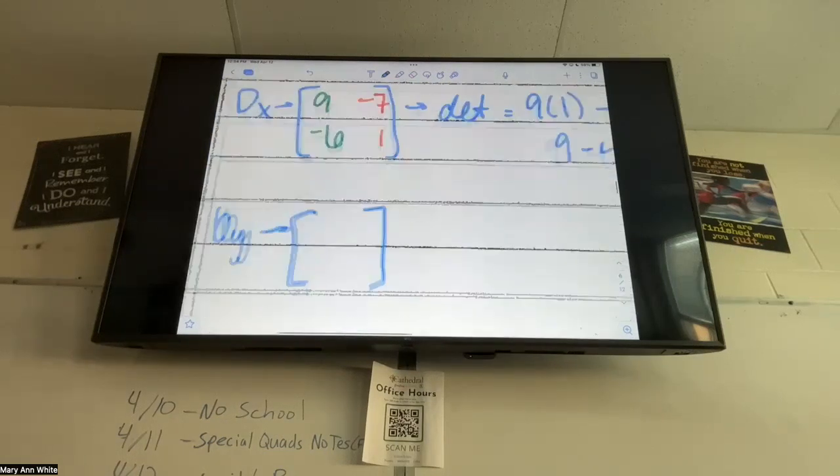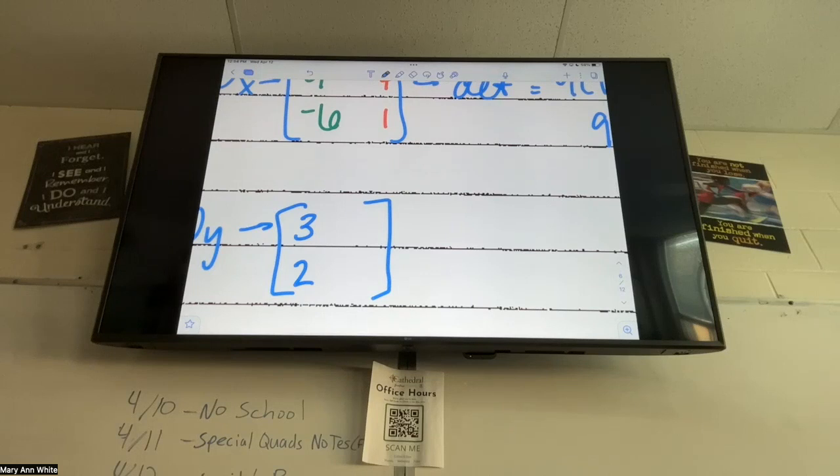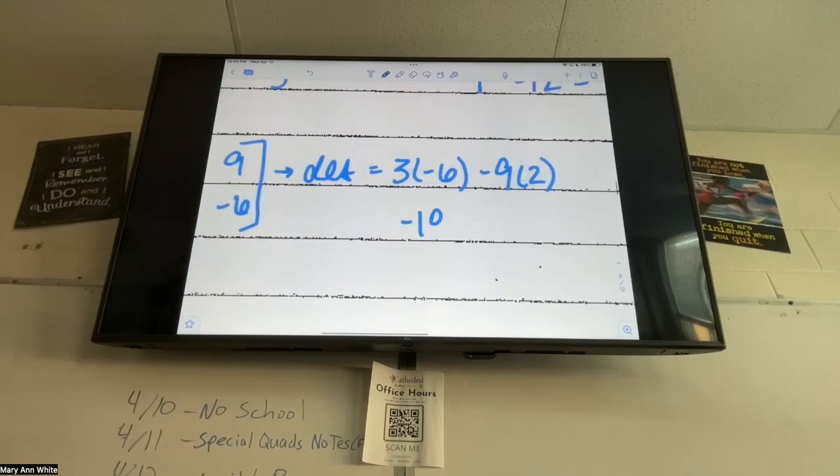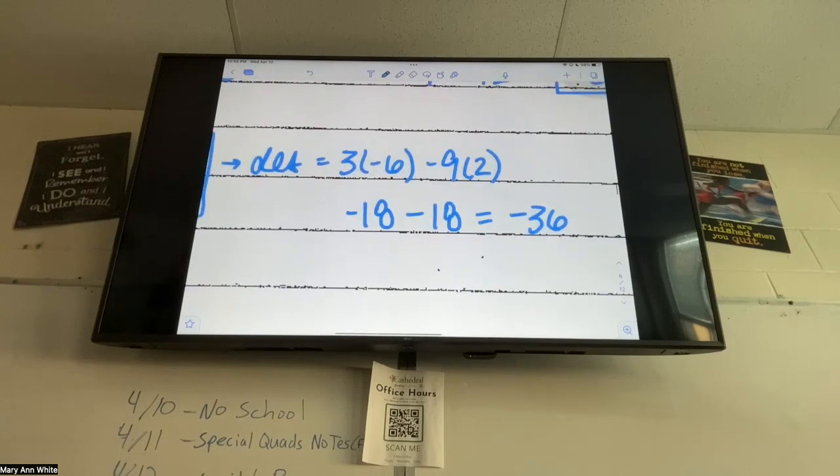That's 3, 2, 9, -6. I'm going to do the determinant of 3 times -6 minus 9 times 2. That's -18 minus 18, which is -36.